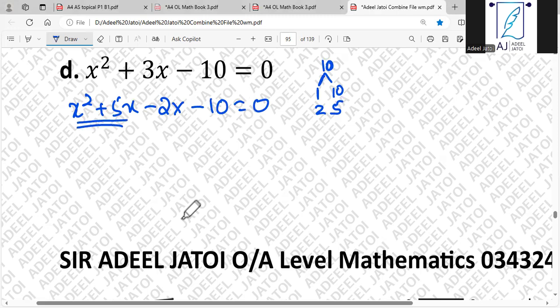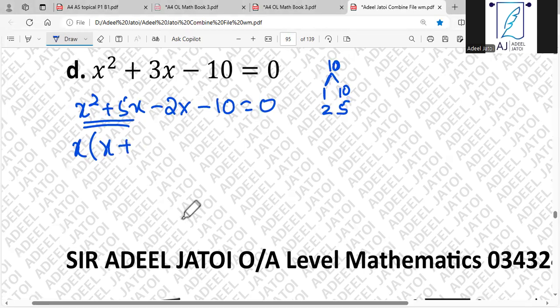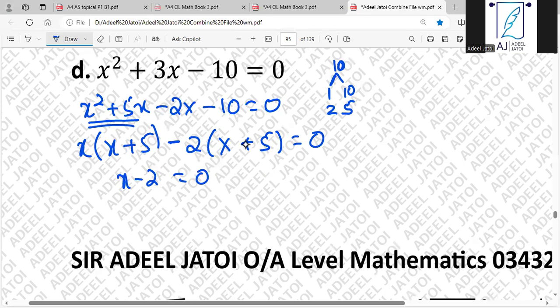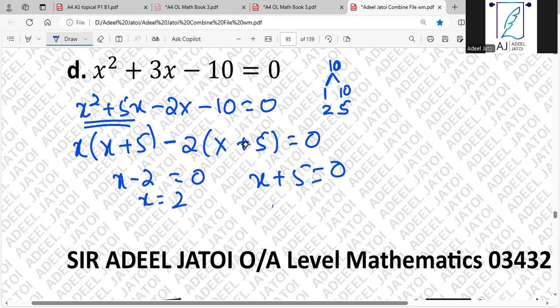So x is common, x plus 5, minus 2 is common, x plus 5 equal to 0. So x minus 2 equal to 0, x plus 5 equal to 0. So x will be 2 and x will be minus 5. These are the two answers for part D.